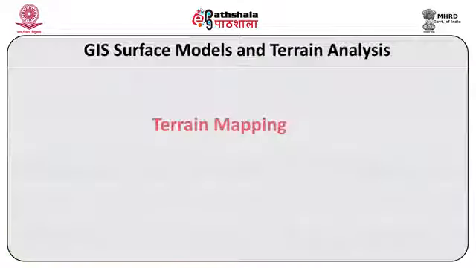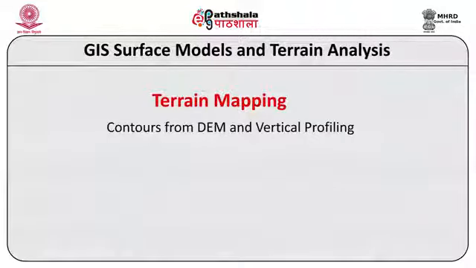Now, how can these models be utilized for terrain mapping in a more constructive way, or what information can you derive from these models which are easily available to you in GIS? The first and foremost thing is contour mapping. Contour mapping was traditionally done with surveying, and you have the contour data available. But with the advent of GIS, it can automatically give you the contour levels from the DEM data, which is also digitally available to you.